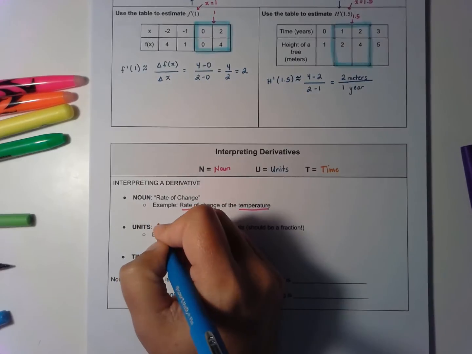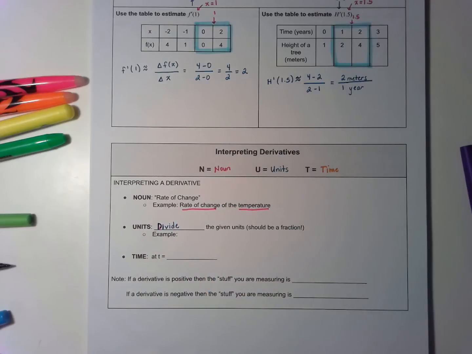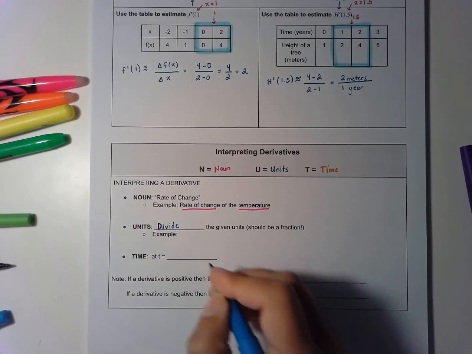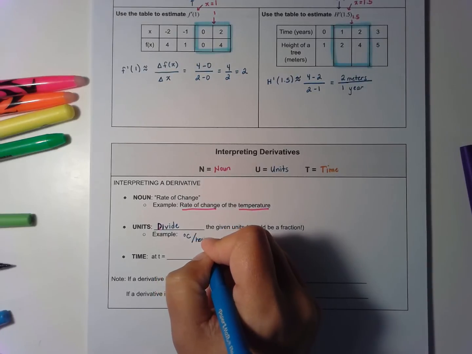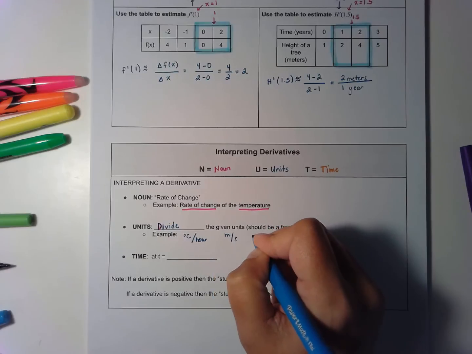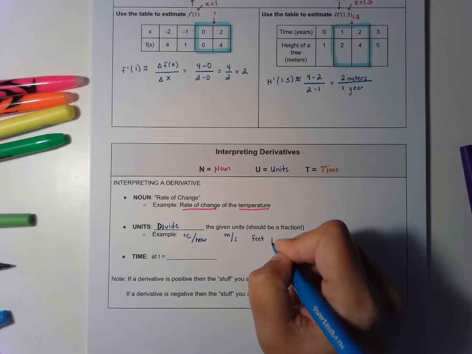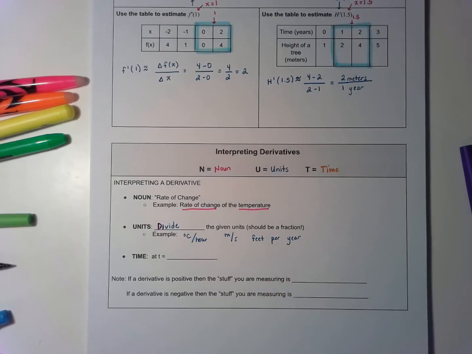And the reason you need to divide is that a rate of change is a slope, which is change in y over change in x. An example might be degrees Celsius per hour, or meters per second, or feet per year. And you can write these out with the word per, or you can actually write them as a fraction.